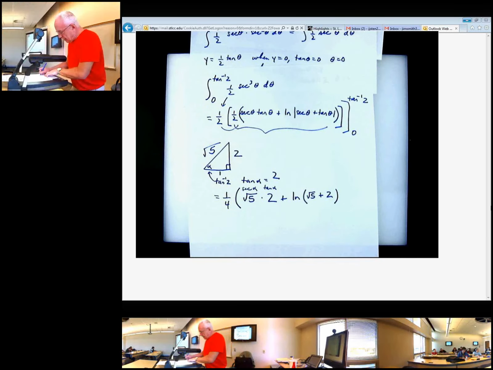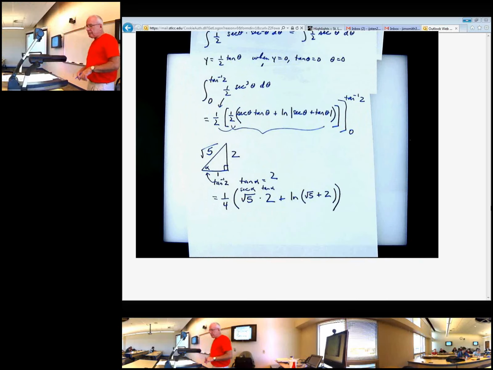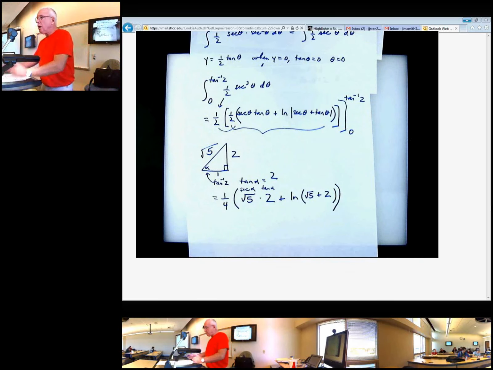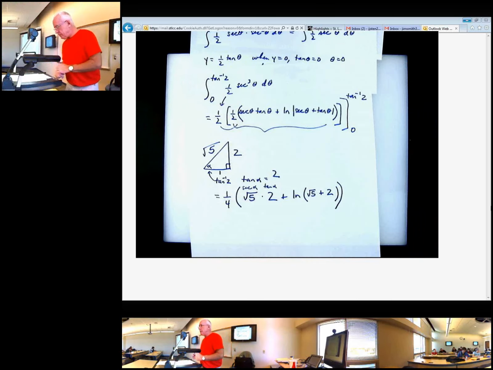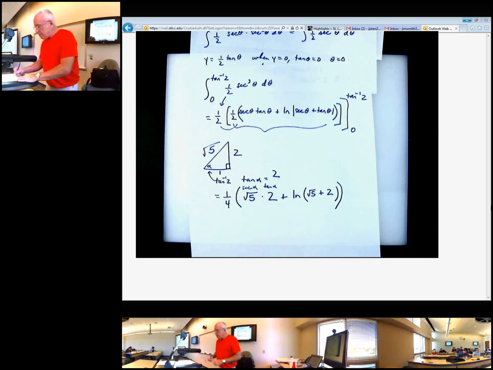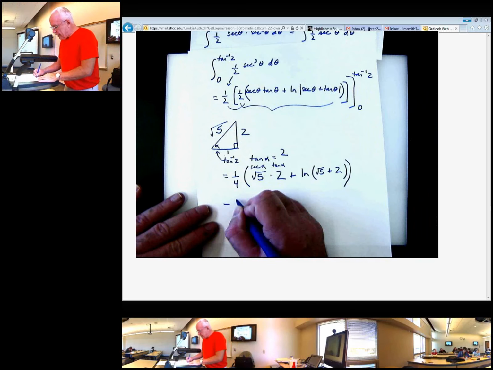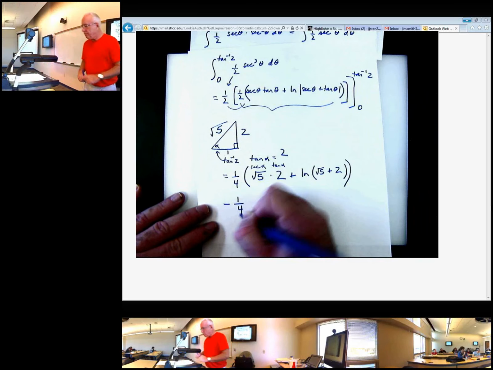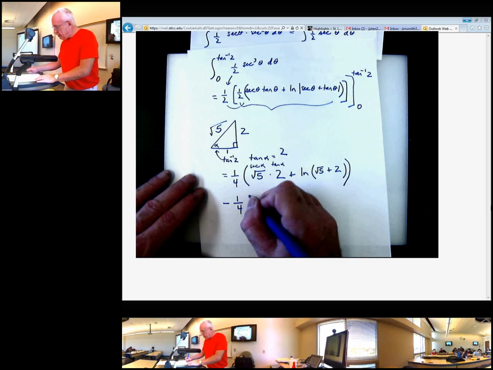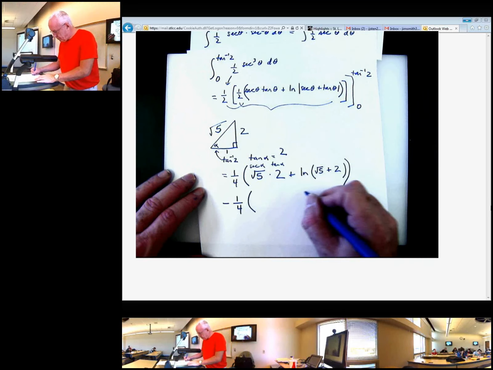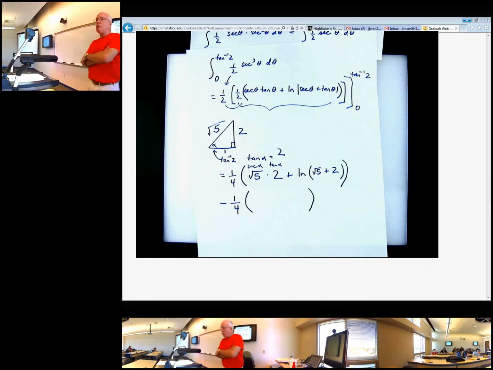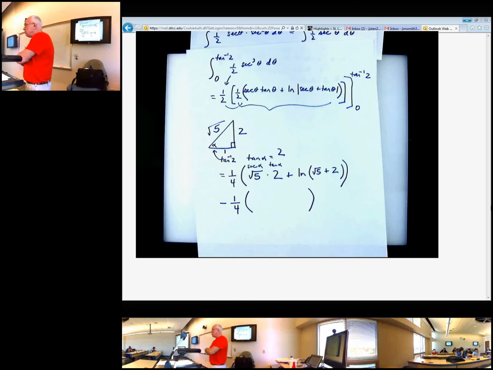Then I close my parentheses. So that's the whole top part of plugging in the tan inverse of 2. Then my bottom part is I have a minus 1/4, and now I plug in my 0. Okay, so what's the secant of 0?